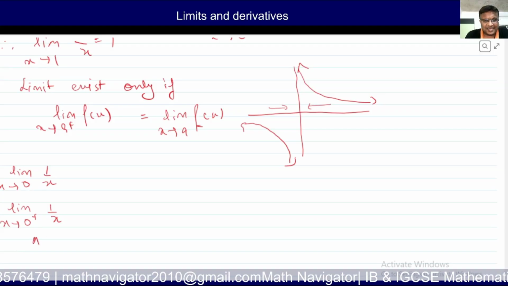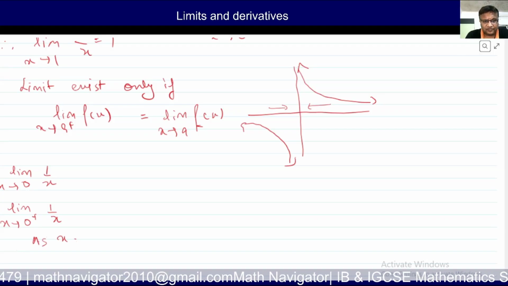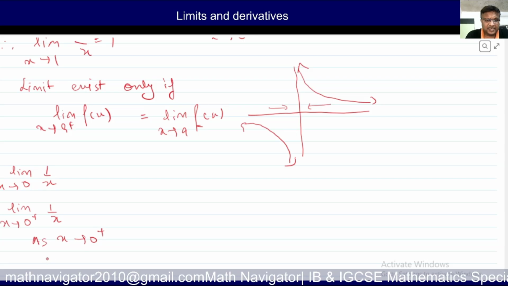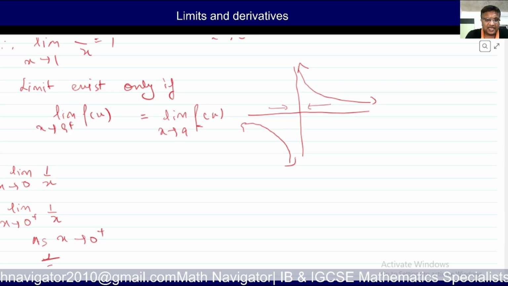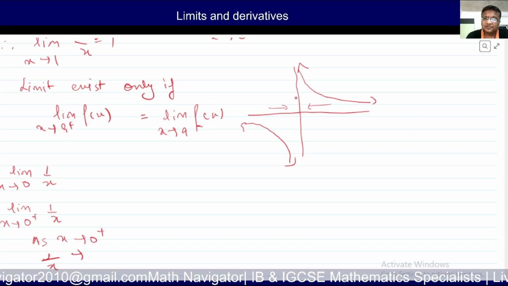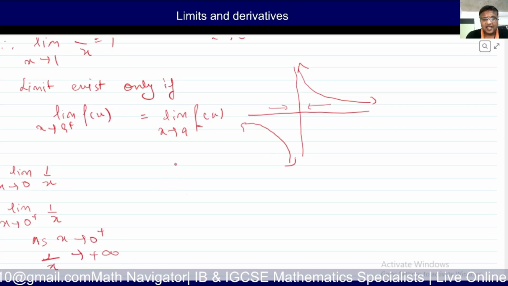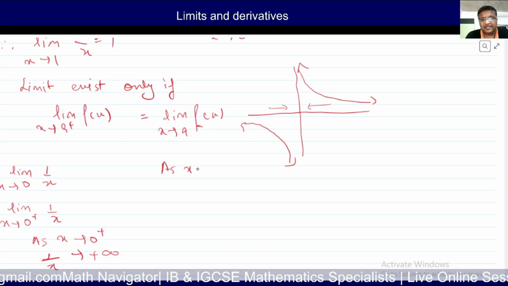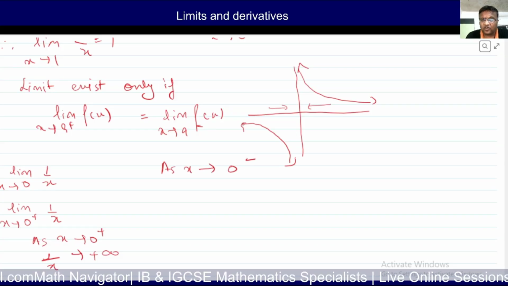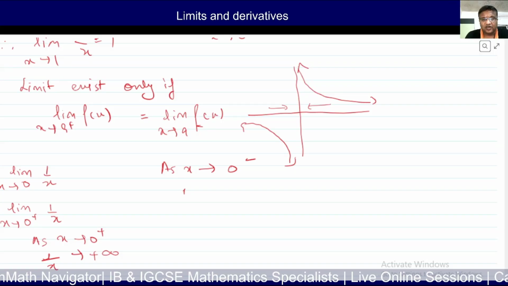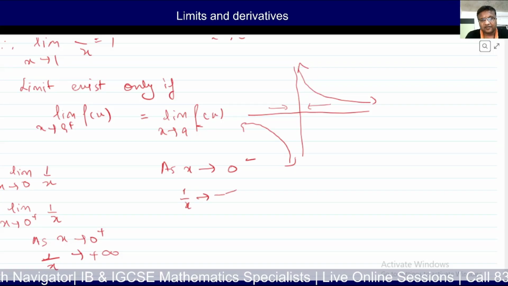As x tends to 0 from positive side, 1 by x tends to positive infinity. As x tends to 0 from negative side, 1 over x tends to negative infinity.